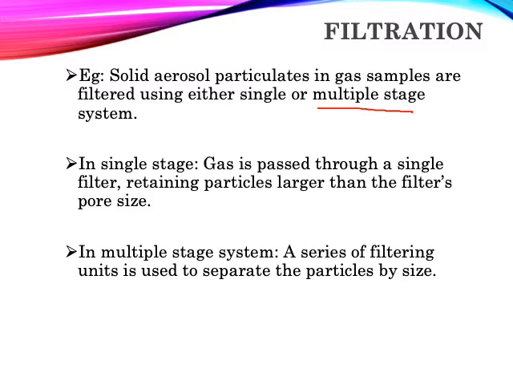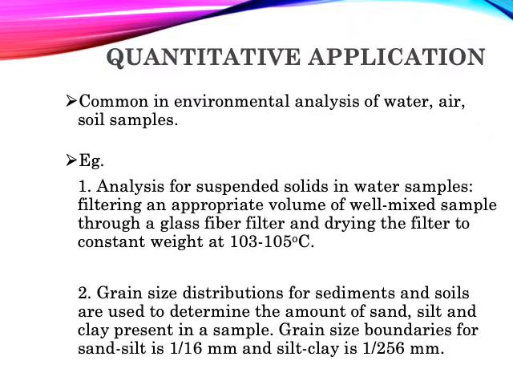Whereas in the multiple stage system, a series of filtering units is used to separate particles by size. Okay, this is what I mentioned earlier. There are a few filter sizes. Then you can collect the particles that pass through the filter according to the respective size of the membrane or the filter.